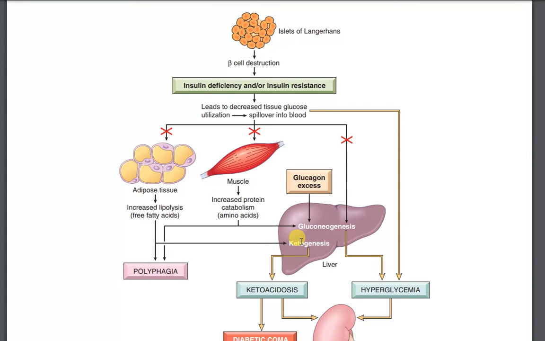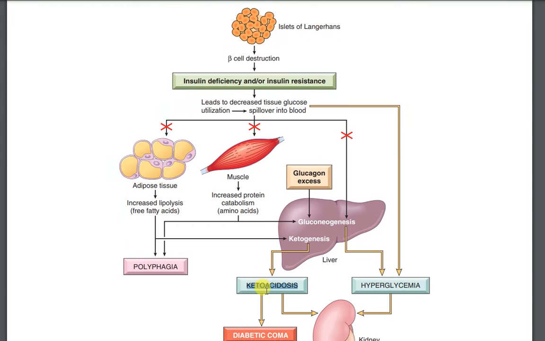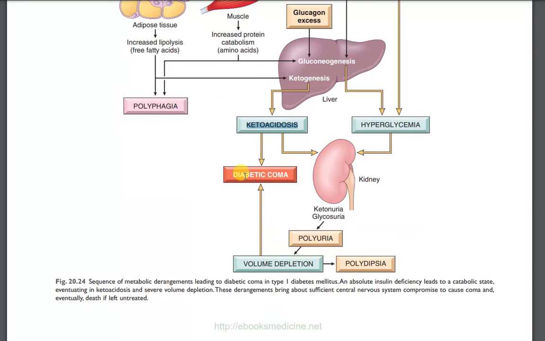Normally, ketone bodies are produced in our body in a little amount, but not in such large amounts as happens in diabetes mellitus, and of course it leads to ketoacidosis. Ketoacidosis leads to diabetic coma, due to, as I said, collection of the ketone bodies in the brain. Also, this ketoacidosis causes kidney injury.